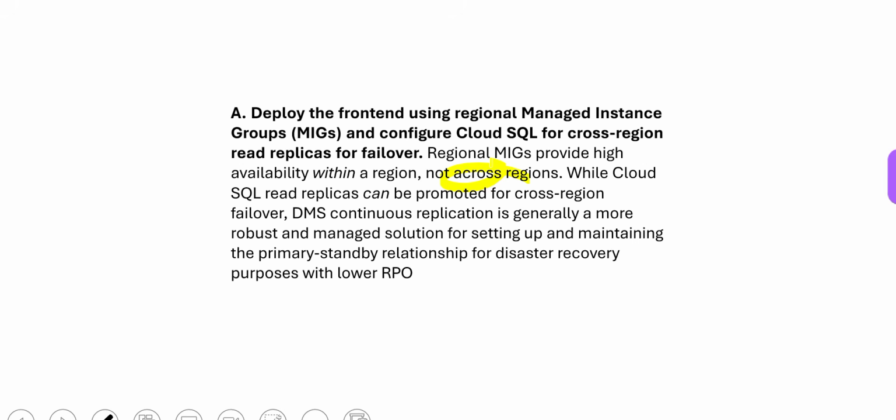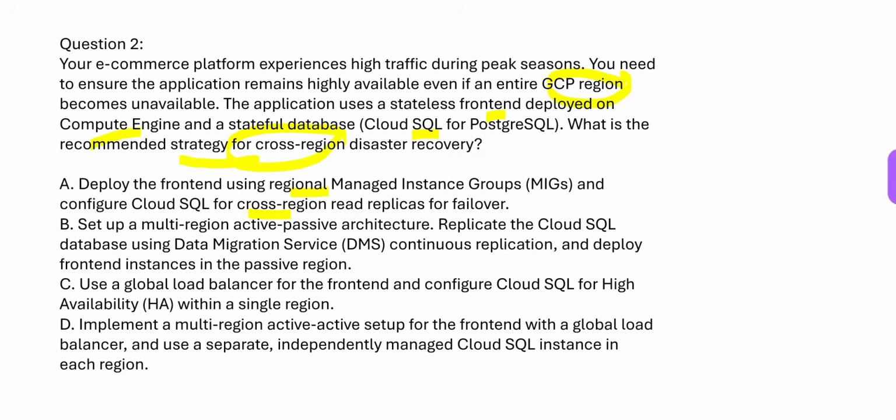Cloud SQL read replicas can be promoted for cross-region failover. That is perfectly fine. DMS continuous replication is generally more managed. So what we are saying here is, boss, you can do this. It's not a no, but best practice is to use DMS. And that is the reason we are saying option A is wrong.